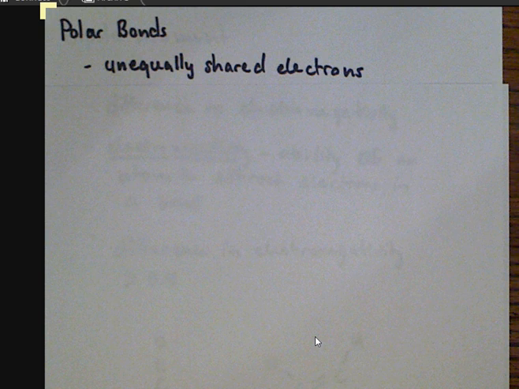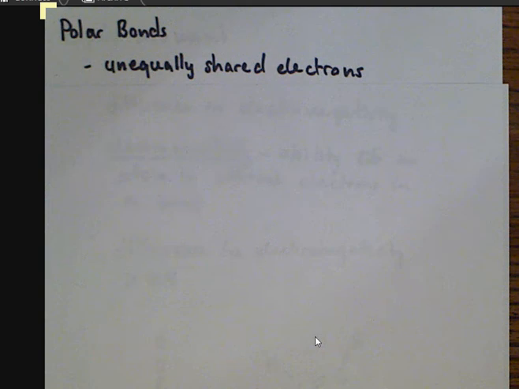You can almost think of the covalent bond as kind of this tug of war. As long as both sides of the bond, meaning both atoms, are of equal strength, then the bond is shared evenly. But if one of those atoms is stronger than the other, has a greater pull on those electrons, then the bond becomes polar. They become shared unequally.